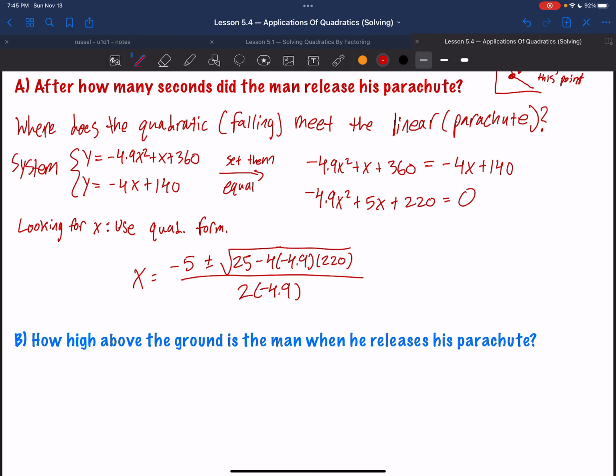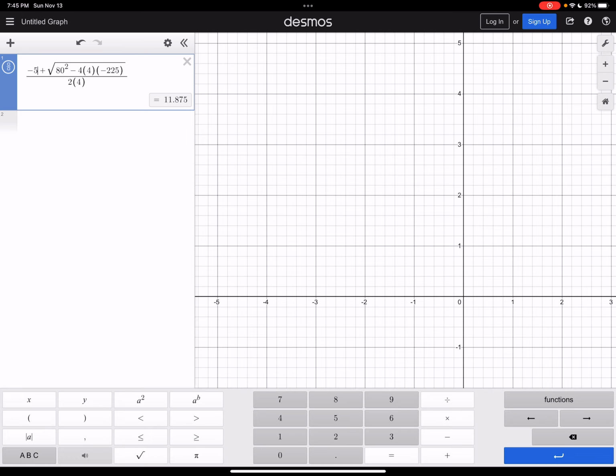I say negative 5 plus or minus the square root of 5 squared, times 4 times negative 4.9 times, was it 220? All divided by 2 times negative 4.9.